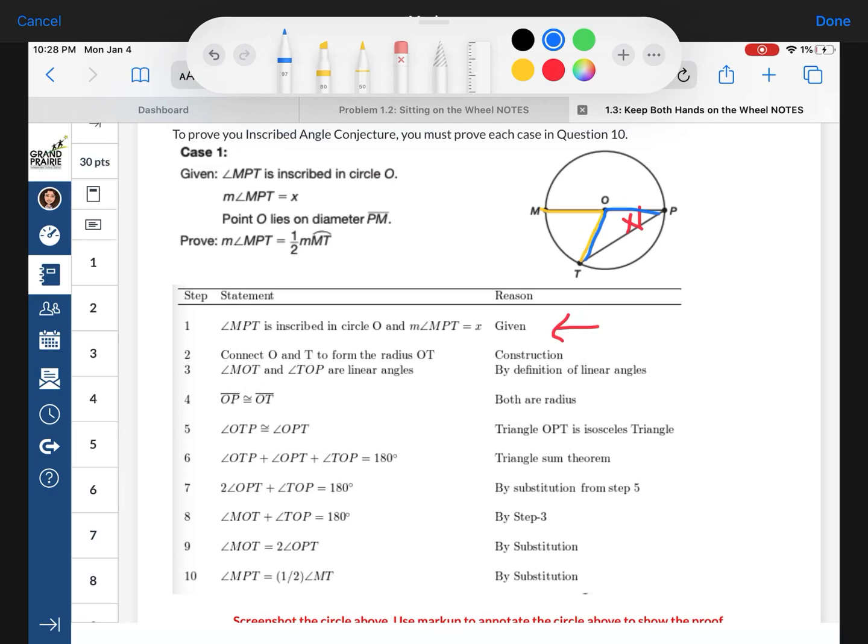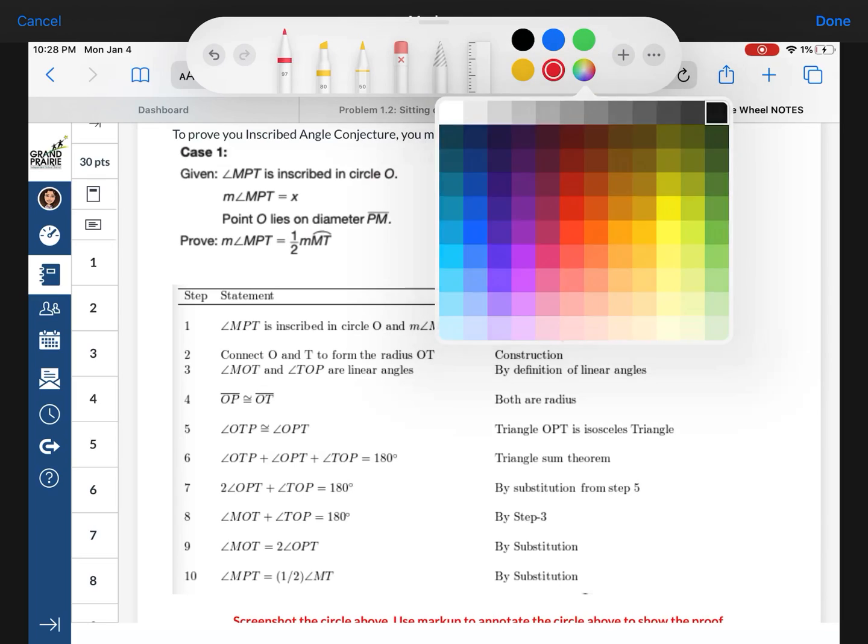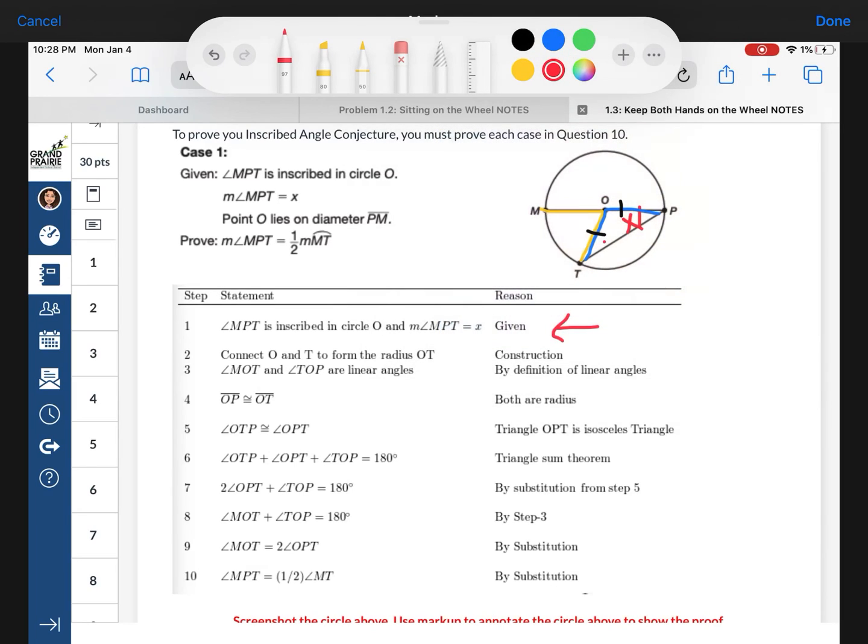If they're both radii, they have the same length. So we can annotate this by using little tick marks. Remember we did that last semester? We have triangle OTP, and it's an isosceles triangle. Because it's isosceles, the two base angles, remember that from last semester, are equal. So now those two angles are going to be X and X.